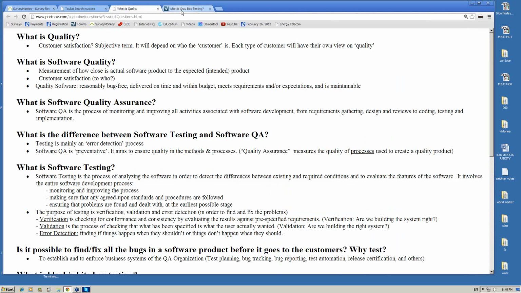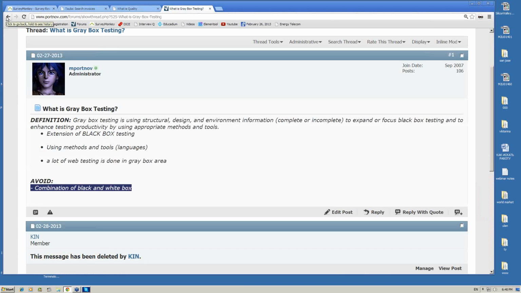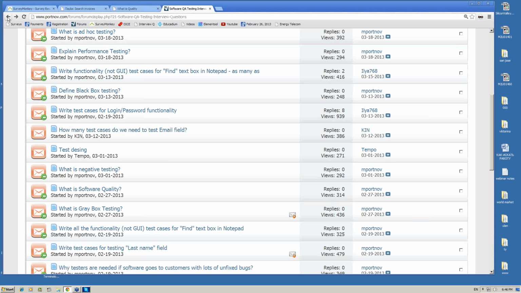Another source is the forum with interview questions and answers, which we give you. That is how you learn. Another one is Wikipedia. Another one is whatever you can find on Google. And probably lots of you did browse Wikipedia, because in Wikipedia it says it's a combination. The person who wrote that is dead wrong.